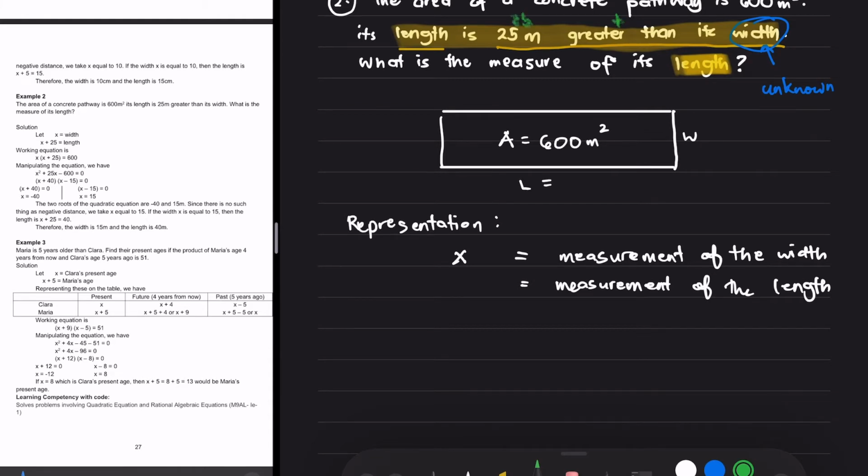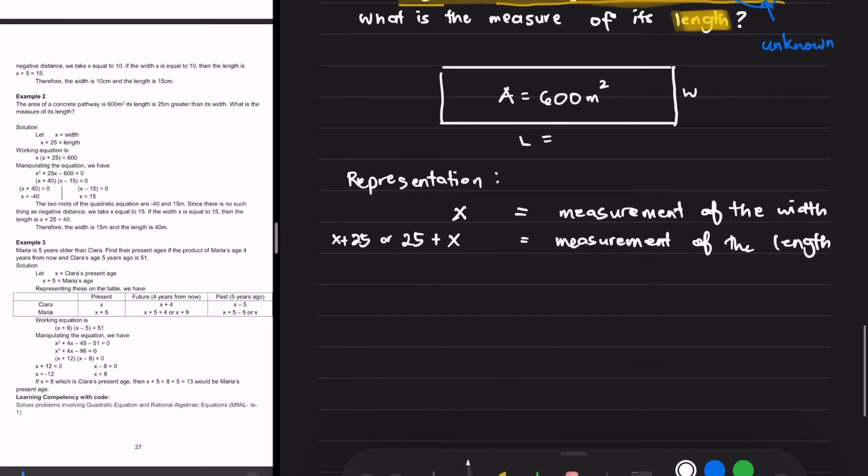So, 25 plus the width. And the width is x, right? Yun yung nirepresent natin. So, magiging 25 plus x, or pwede rin siyang x plus 25. Since plus naman siya, kahit alin sa position na yan ang pipiliin natin.